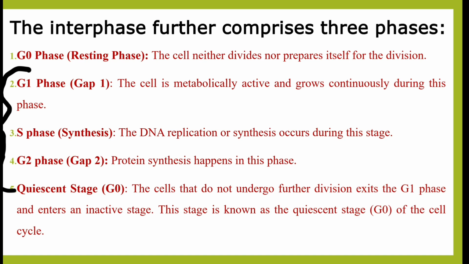The cell that leaves the cell cycle to remain in a resting or dormant state is called the G0 stage or quiescent phase, where the cell does not undergo further division, exits the G1 phase and enters into an inactive stage. This stage is known as the quiescent stage of the cell cycle.